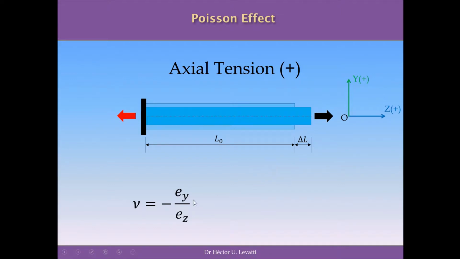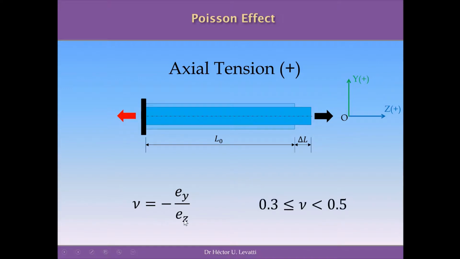This contraction will be expressed by a coefficient called Poisson ratio. The Poisson ratio nu is equal to minus the strain in the perpendicular direction to the beam divided by the strain in the direction of the length of the beam.